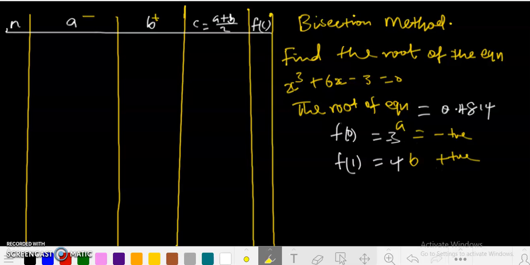So we take the negative in A and the positive in B. Now we go ahead to evaluate this equation. We number this as the first one, and since we evaluated with 0 and 1, we can start with 0.